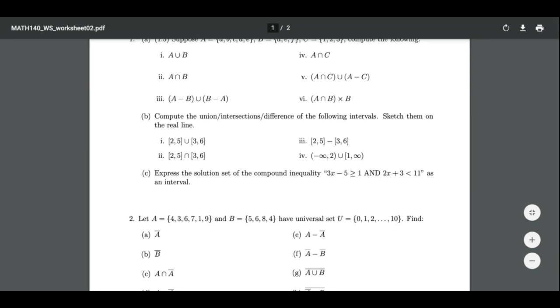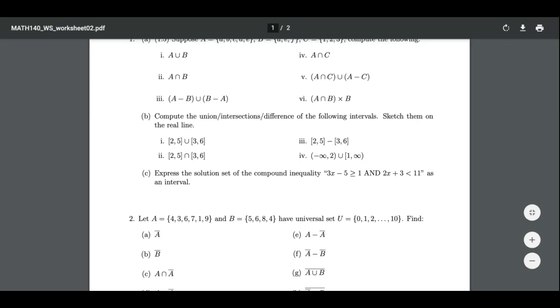Okay, 2, we're talking about the intersection of 2, 5 and 3, 6. Amy, do you like to try?